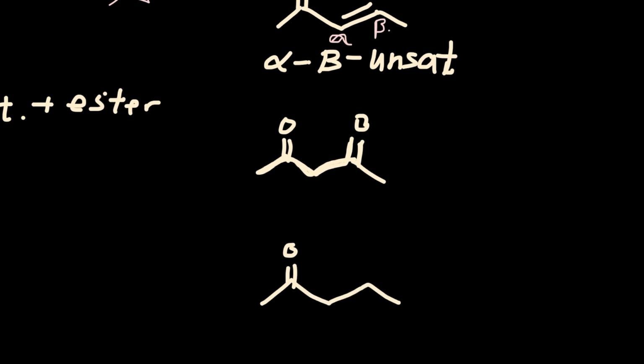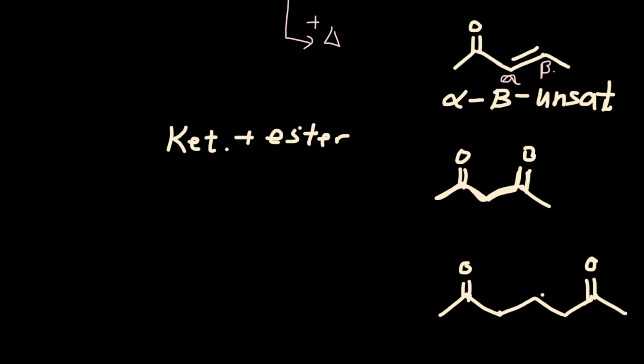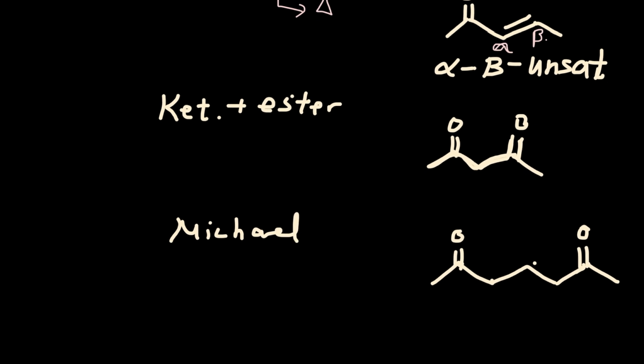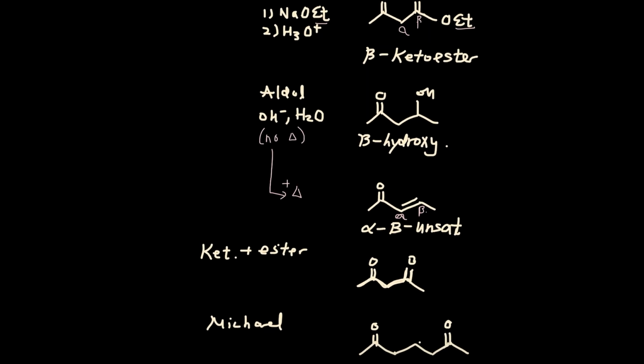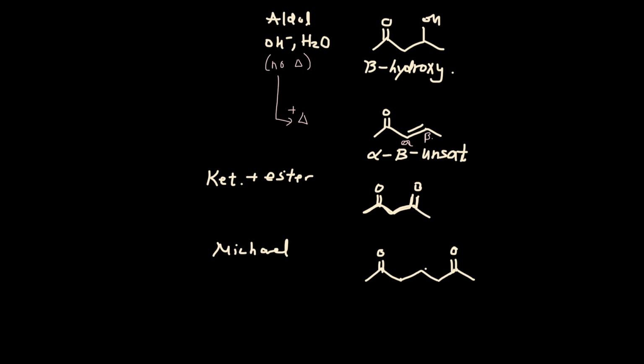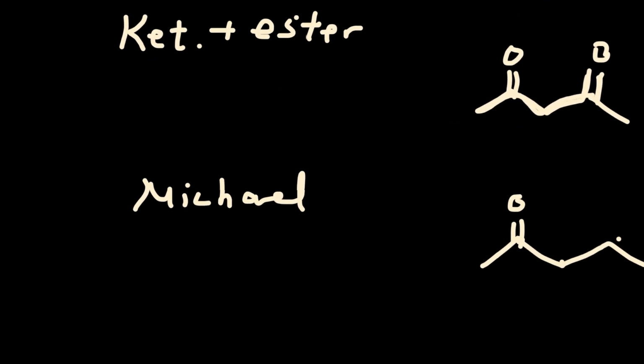If there is a 1,5 dicarbonyl, 1, 2, 3, 4, 5, this came from the Michael addition, which is a reaction between an alpha beta unsaturated compound, the conjugated system here, with some sort of ketone or aldehyde.